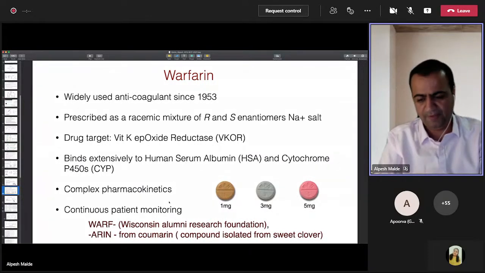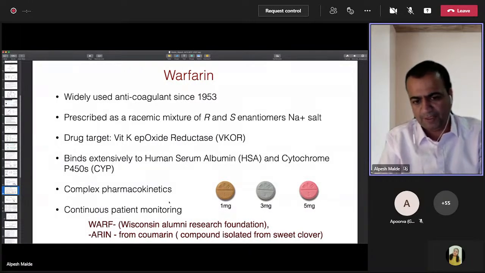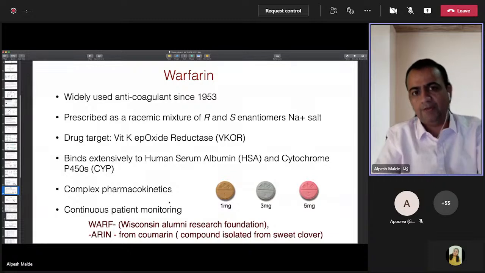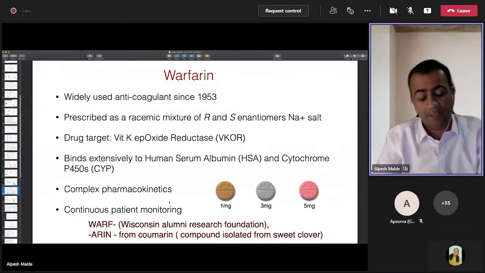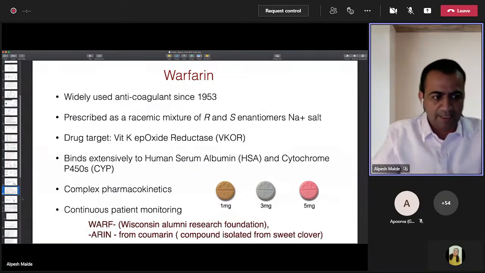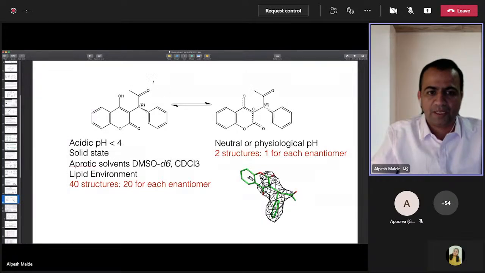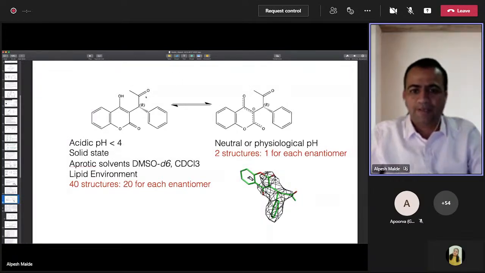It's very severe, because if your warfarin level is low, you are likely to get a blood clot, and if the level goes high, you're likely to get bleeding. So it has to be pretty much balanced. And the reason for that is that it is given as a racemic mixture.